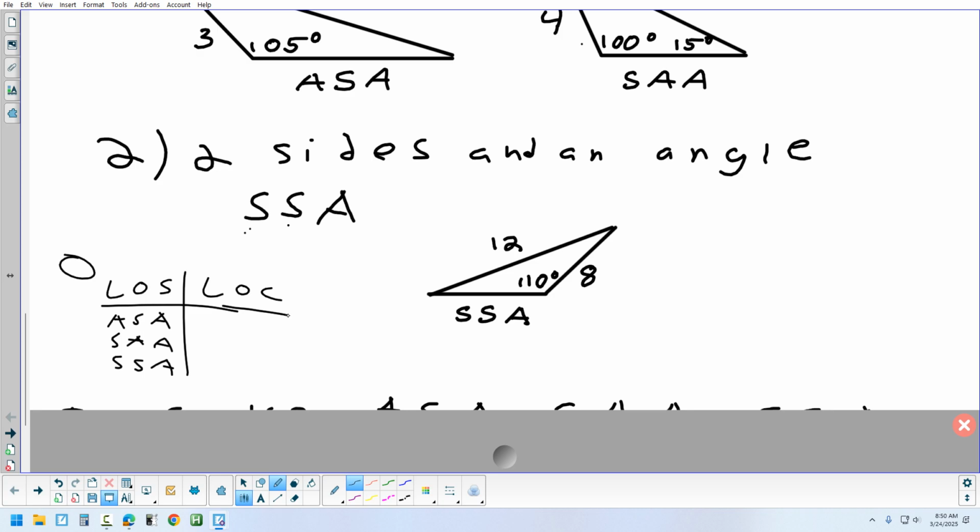I'm not going to get into those till Wednesday, but one of them is side, angle, side, and the last one is side, side, side. So we're going to focus on these 3 today, and this one we're going to focus on more tomorrow as well. There's something that can come up with this 3rd one that we have to deal with, and that's going to take us a little longer to go through.